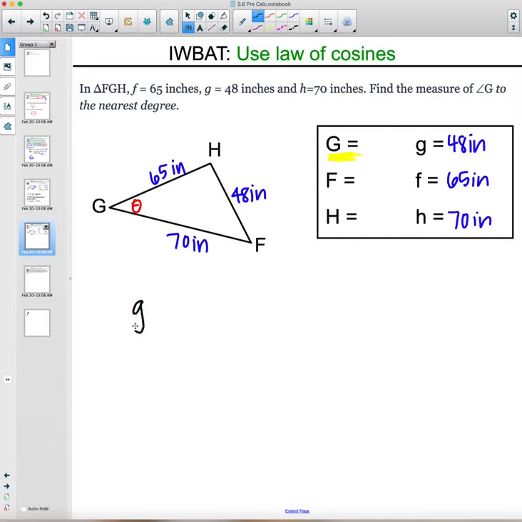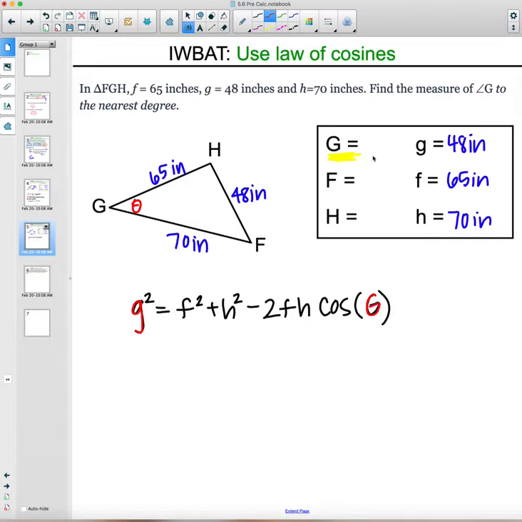So when I set up this function, I'm going to do G squared equals F squared plus H squared for the sides minus 2FH cosine of angle G. Remember that side G over here matches the angle that's in here.